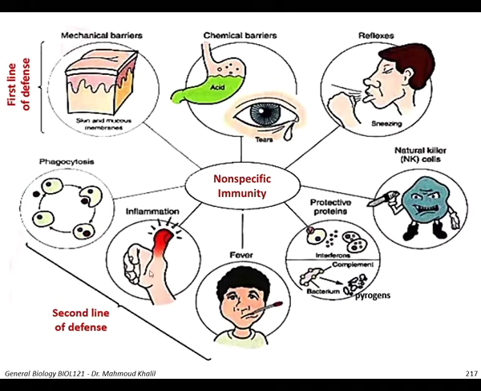You have inflammation, we talked about inflammation. We have a fever. And we remember as well we have pyrogens, and this protective protein, which are the main inducers of the process of fever. And as well, we have a major important cell, which is the NK cells. So this slide summarizes the components of the non-specific immunity.